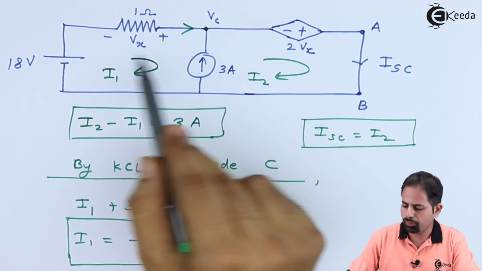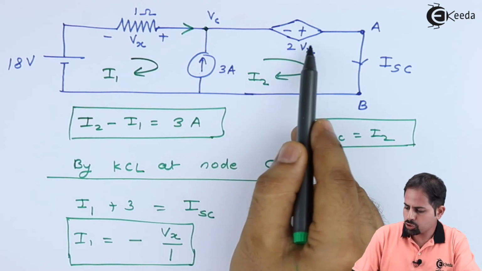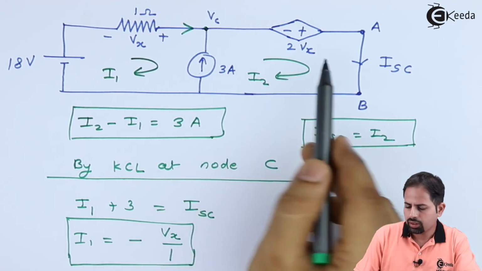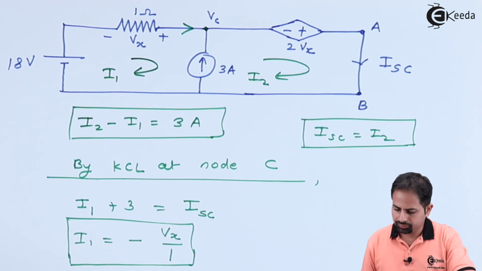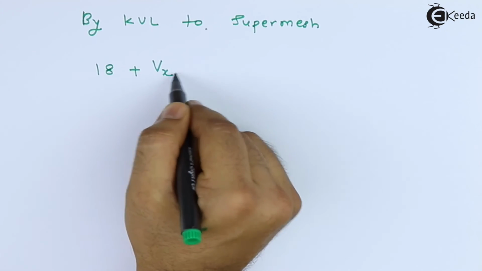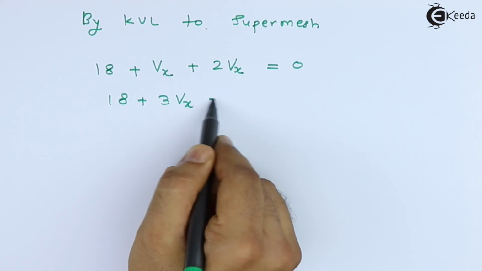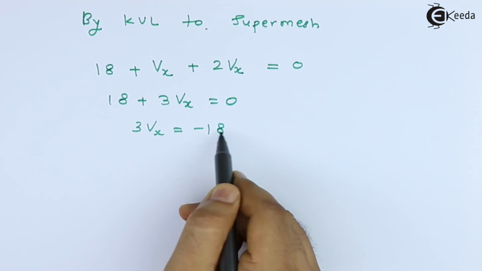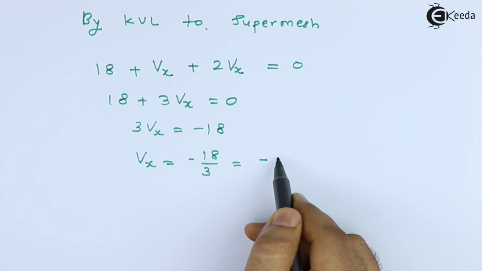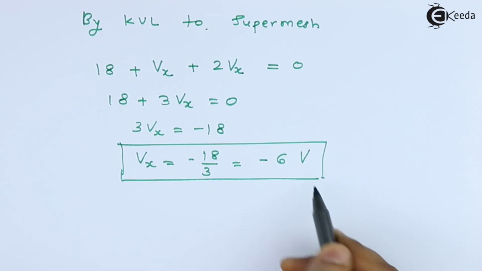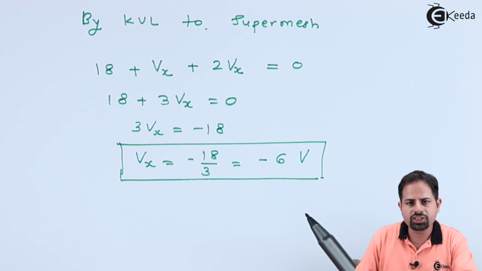We consider this as open because we don't consider this particular branch. And then again plus 2 into Vx will be equal to 0. So let's write the equation. We just got Vx equal to minus 6 volts.